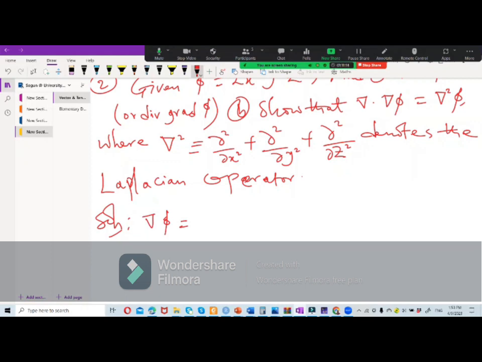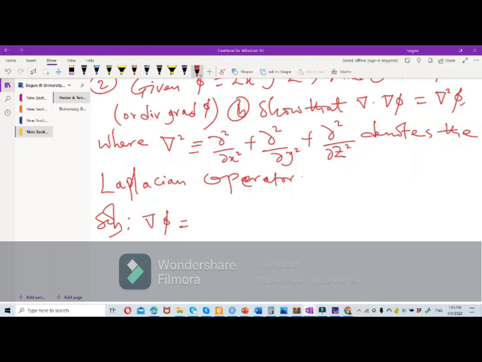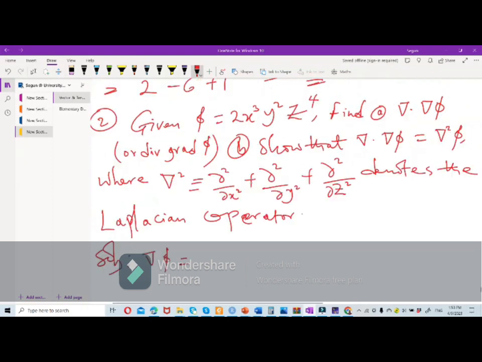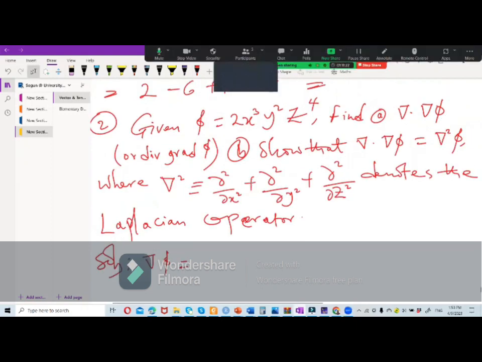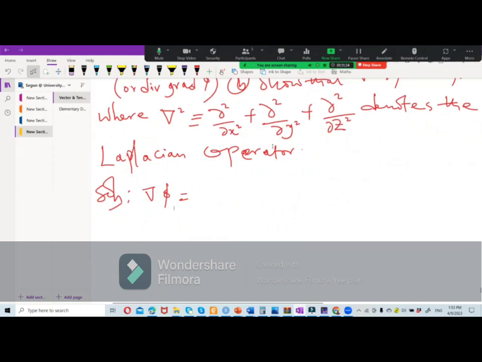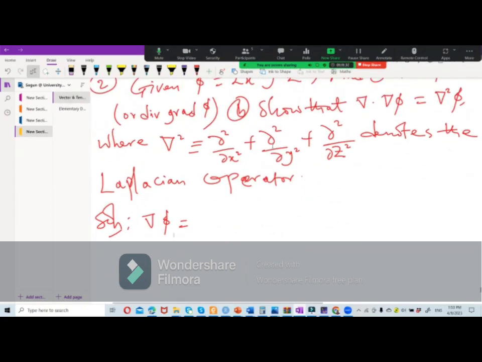So for us to follow the rule in this case, we first of all calculate the grad. The first question says, yes, Ronke? There is a mistake, sir. Continue.